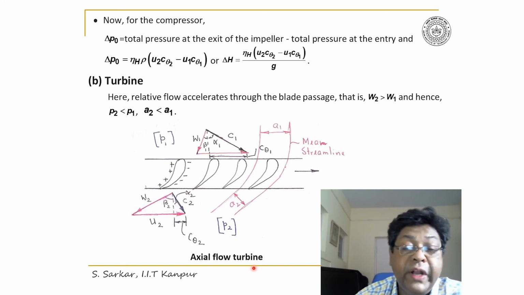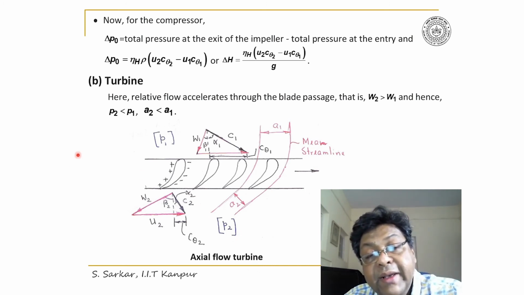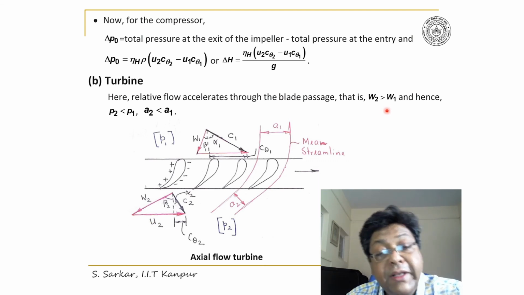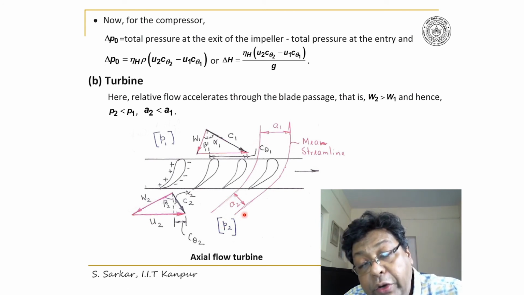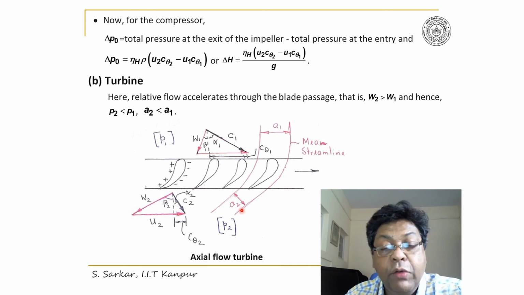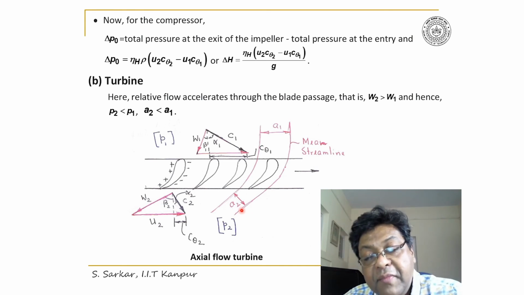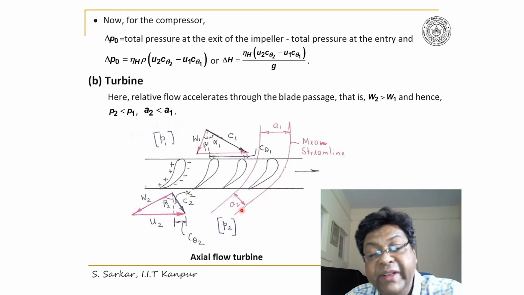Here you note that flow will accelerate as it passes through the impeller, and so W2 here would be greater than W1, and hence P2 will be less than P1, and thus I have shown A2 will be less than A1. Quite opposite things appear over here.